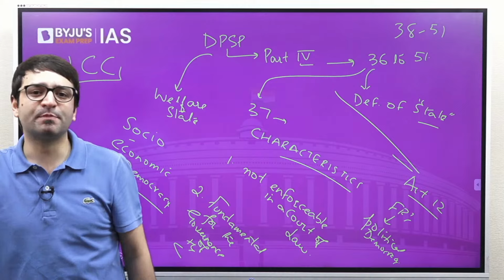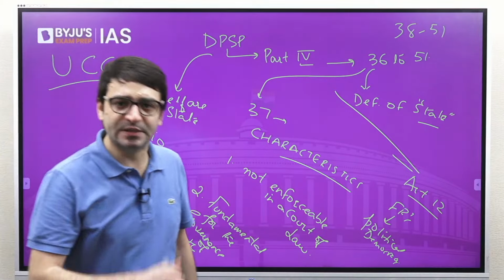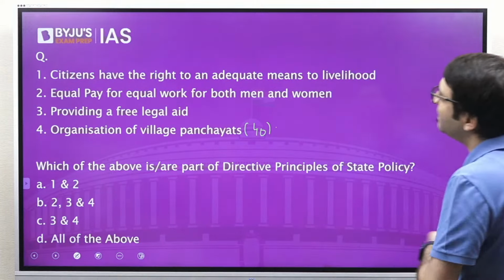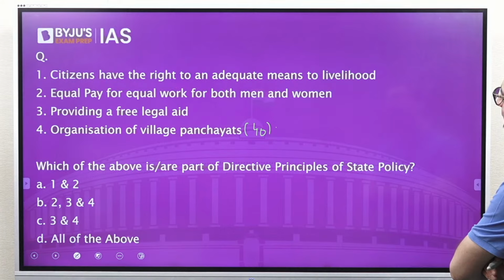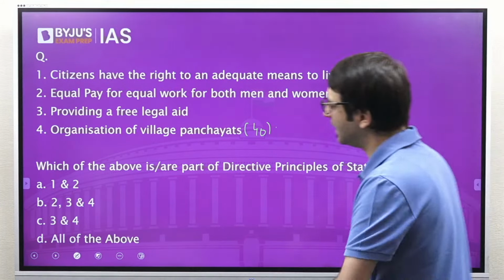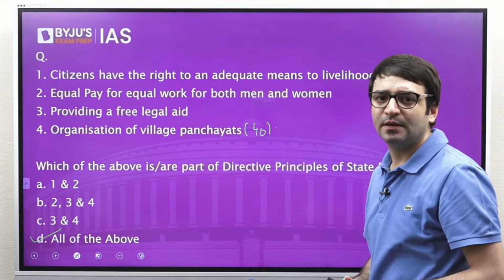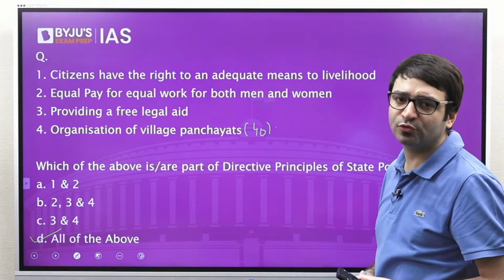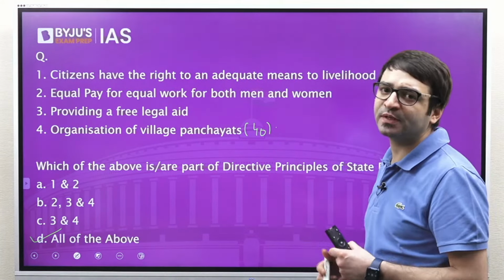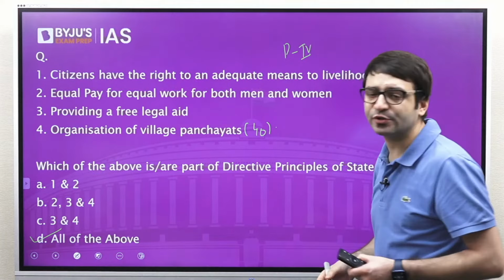And these DPSPs, whose primary objective is to establish a welfare state, which are these DPSPs? Which of the above is or are part of the directive principles of state policy? All of them is the right answer. Because all these statements 1, 2, 3 and 4 are directive principles mentioned under Part 4 of the Constitution.